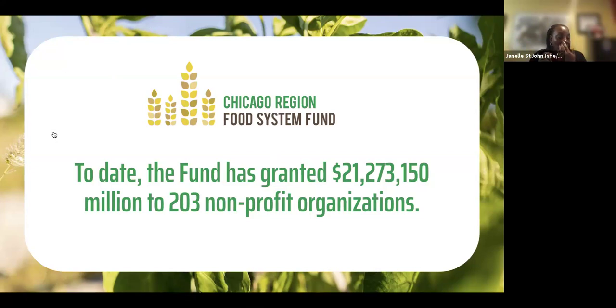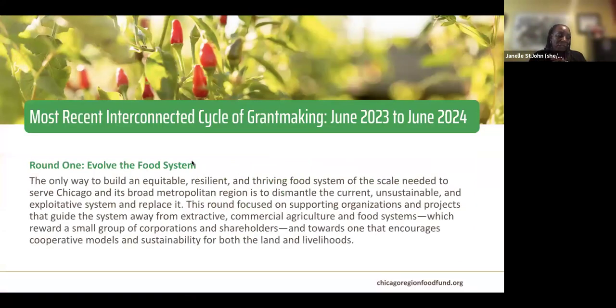So the first round, Evolve the Food System, is that we recognize that the only way to build an equitable, resilient, and thriving food system of the scale needed to serve Chicago and its broad metropolitan region is to dismantle the current unsustainable and exploitative system and replace it.